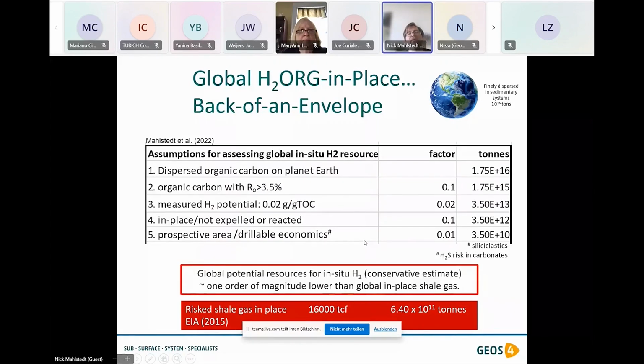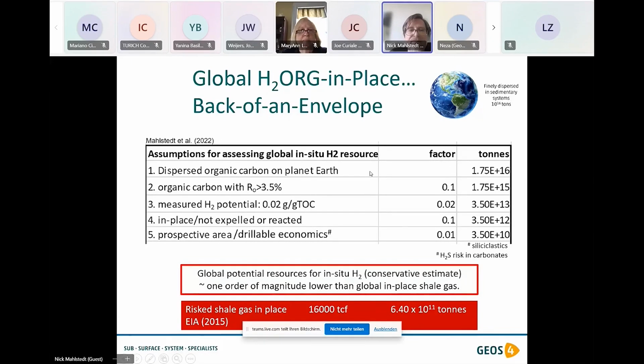Now, doing the same for the global hydrogen in place, using very similar assumptions, we find that the resource potential is only 1 order of magnitude lower than the global in-place shale gas potential. So this number is 1 order lower than this number.